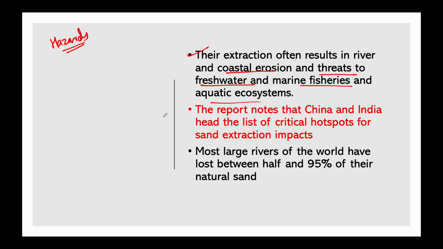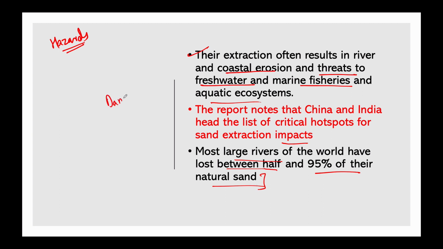The report that I am talking about also says that China and India head the list of critical hotspots of sand extraction impacts, mainly on the rivers, lakes and coastlines. Now, most large rivers of the world have lost between half and 95% of their natural sand, and this is very alarming.